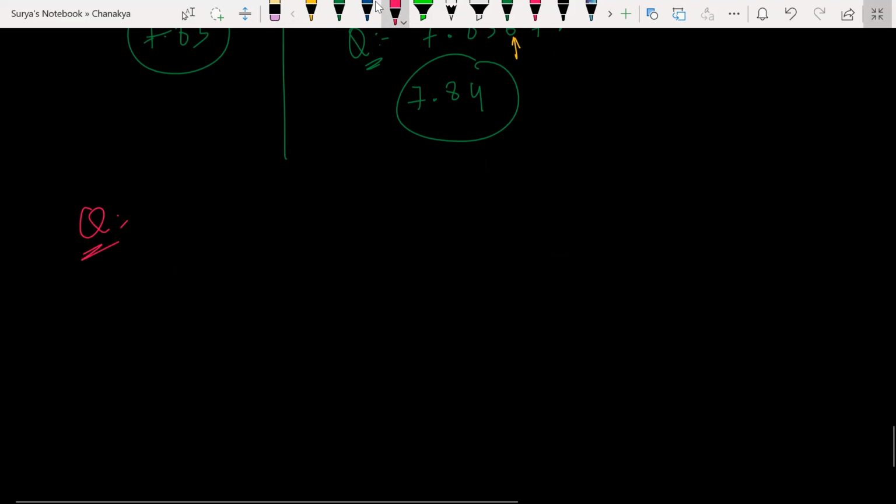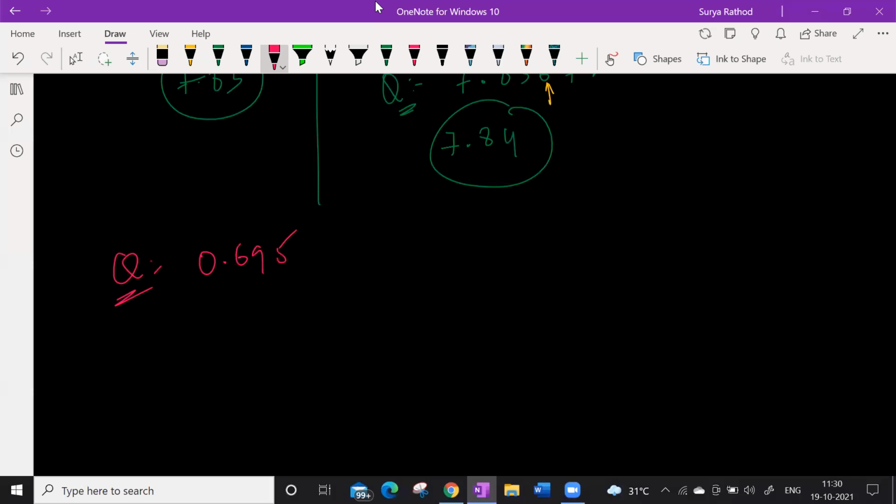Now let's solve one more question. 0.695. Round this number to 2 decimal places. 0.7. Why 7? Because 5 is greater than or equal, so it will go to the next digit.